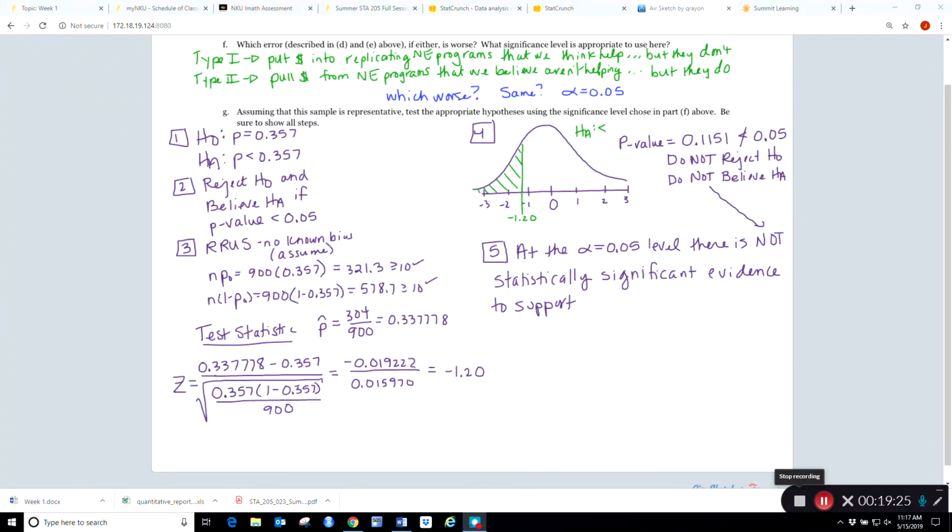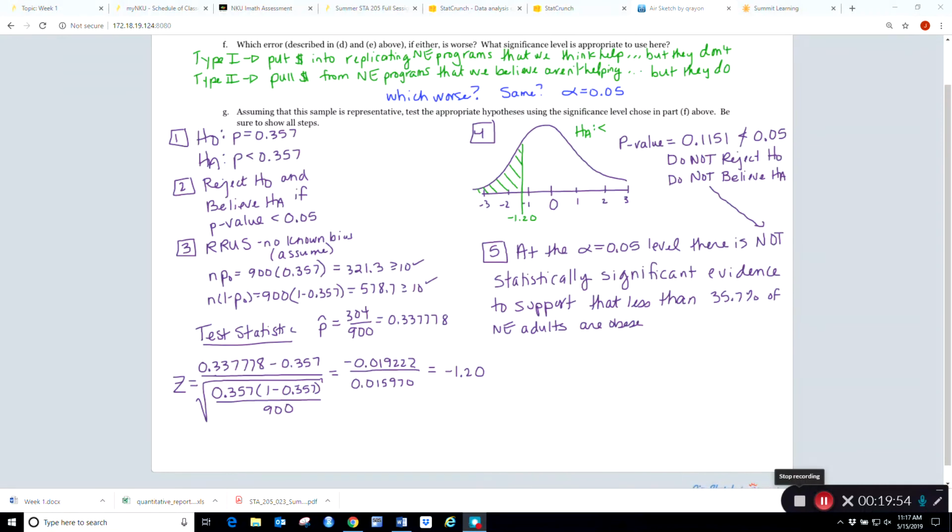Remember, our last thing is that alternative hypothesis, but in words. So there's not evidence to support that less than 35.7% of Nebraska adults are obese.